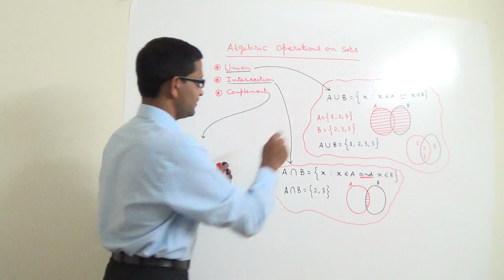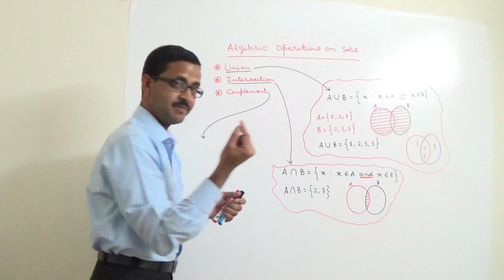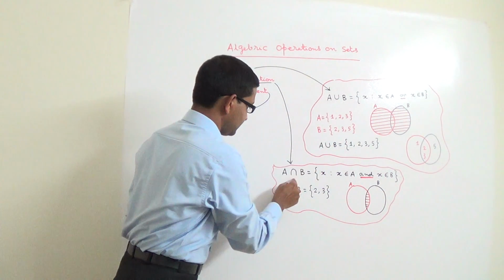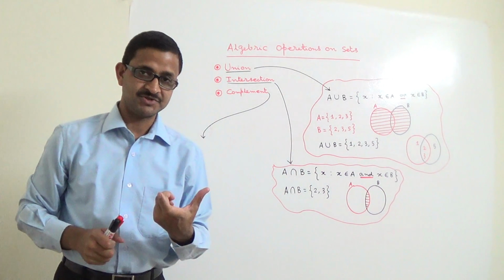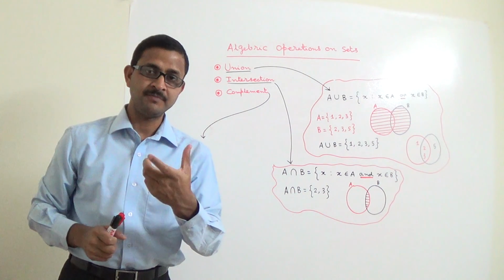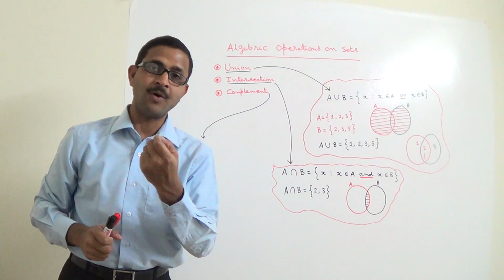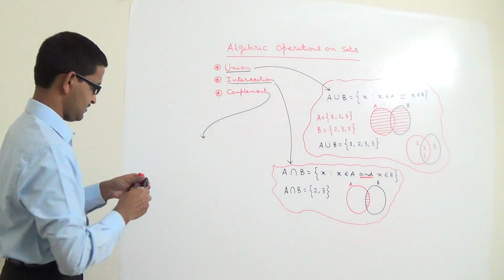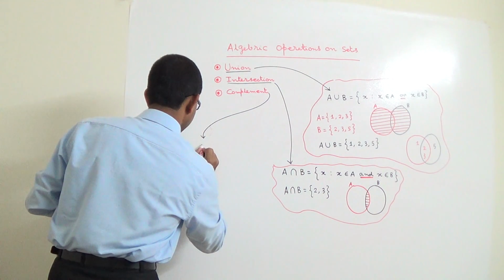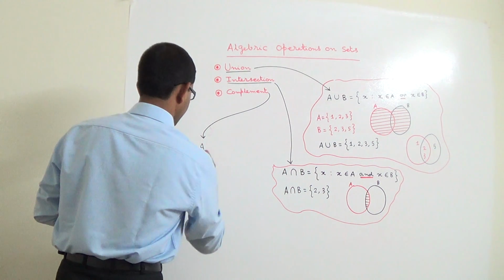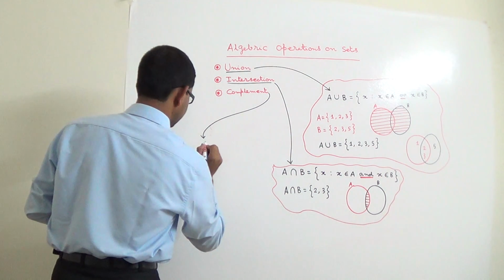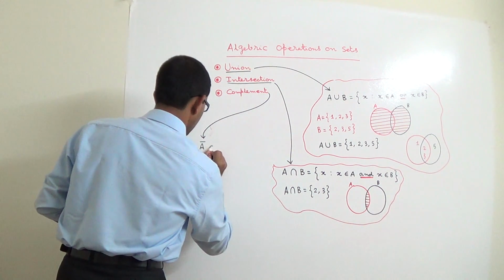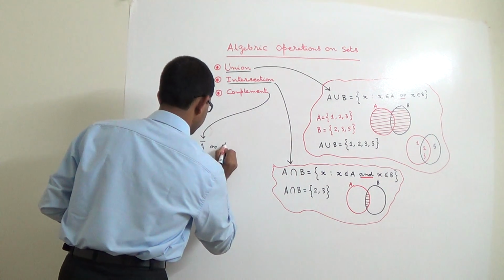What are the two operands? A and B. And what is the operator? Union and intersection. But in case of complement, it is a unary operation. That means it needs only one operand, and that operand in this case is the set A, and its complement is denoted by either A bar or A prime.